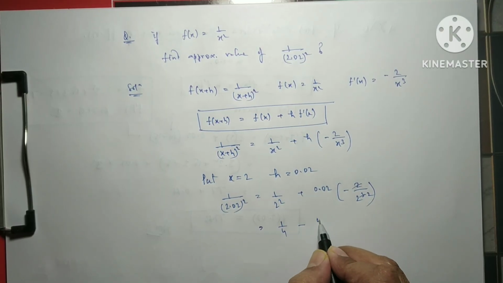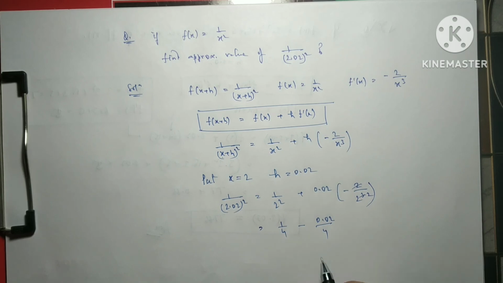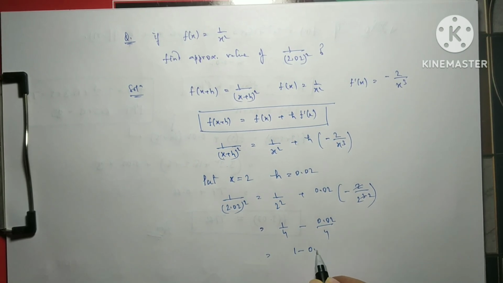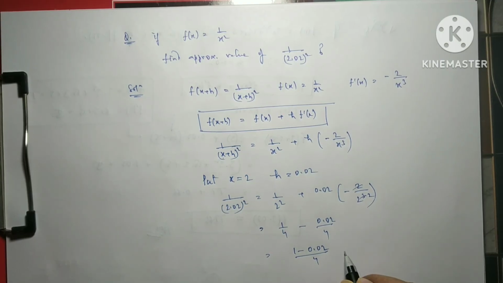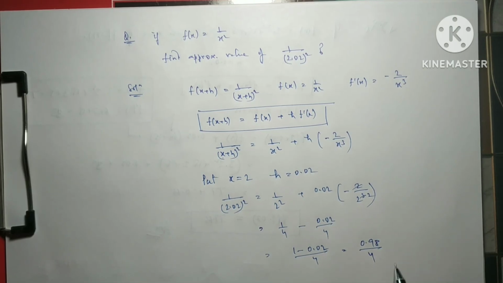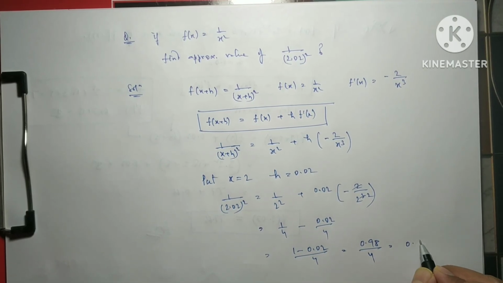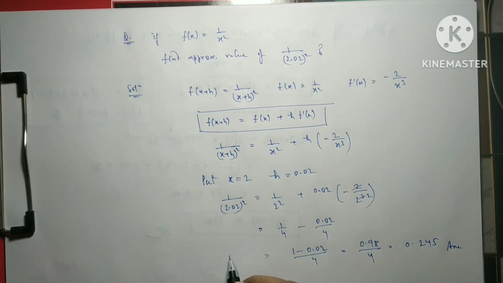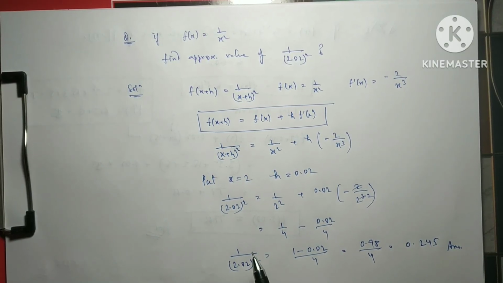So this is 0.02/4, LCM is 4, so 1 minus 0.02 divided by 4, so it is 0.98/4. So this is the answer. So using the differential method, we will collect the approximate value of 1 over 2.02 whole squared.